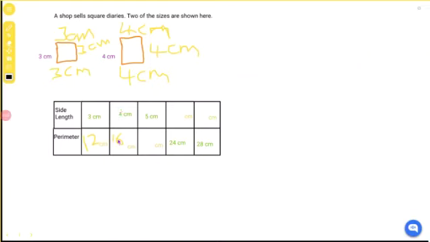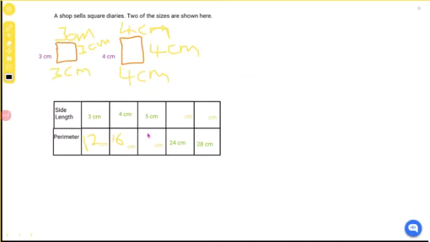So we put 16 here, because the perimeter of a diary that is 4 centimetres square will be 16. Okay, so if we look at our next number, it is 5 centimetres. So what are we going to do here? Have a think about it. That's right, we're going to do 4 times 5. Okay, so let's do our times table together.